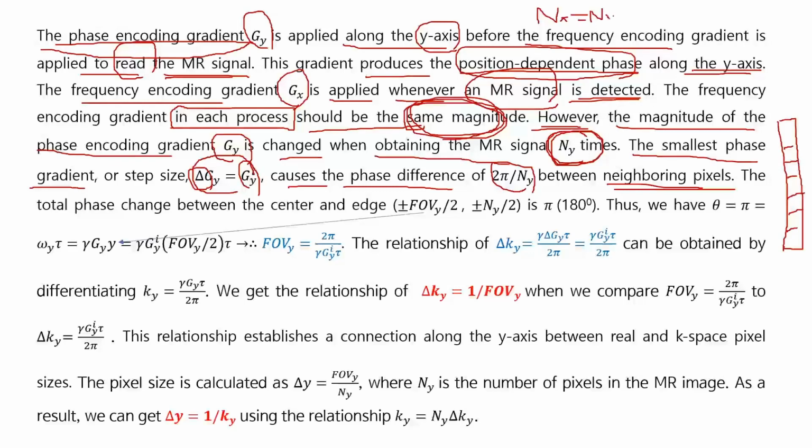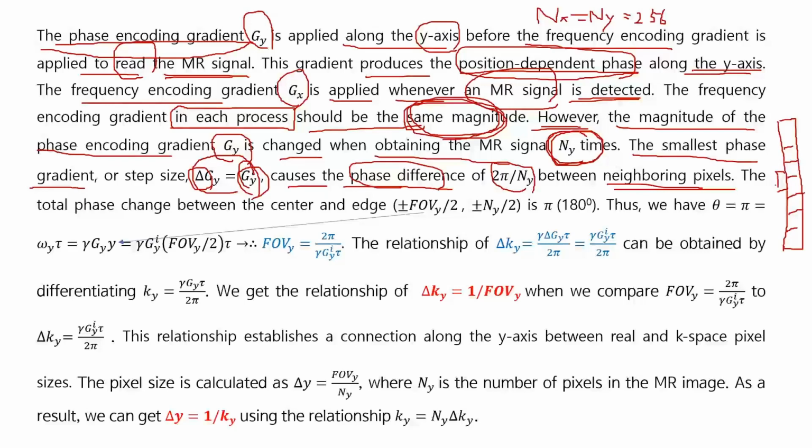So if we use the smallest gradient for phase encoding, Gyi, then this gradient causes the phase difference of 2 pi over ny between neighboring pixels.